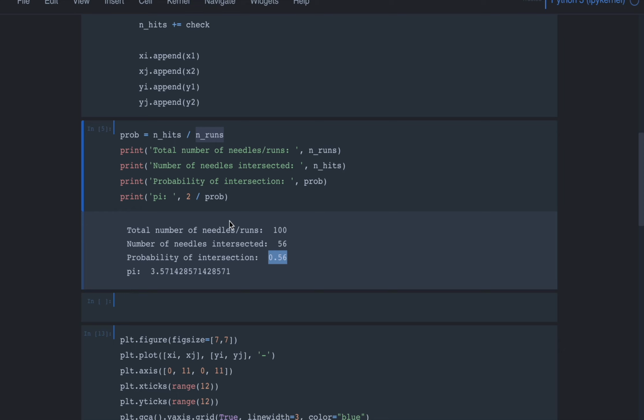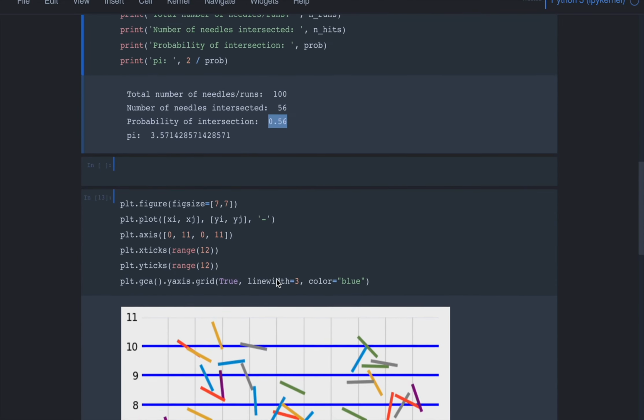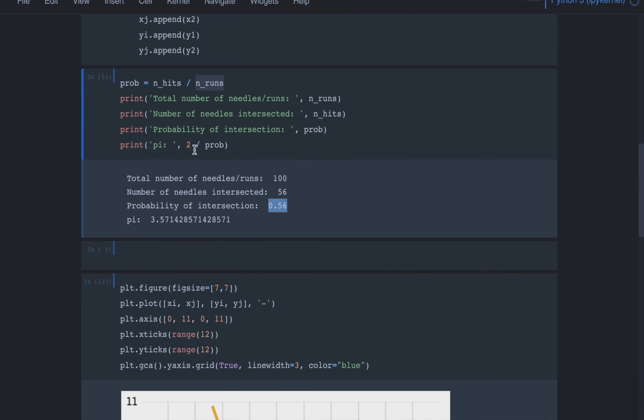Again, we are not going into the mathematical derivation of this problem, but the probability will be equal to 2 divided by pi, which means if we reorganize the variables, the pi value will be equal to 2 divided by the probability. So 2 divided by 0.56, we have got a value of 3.57.